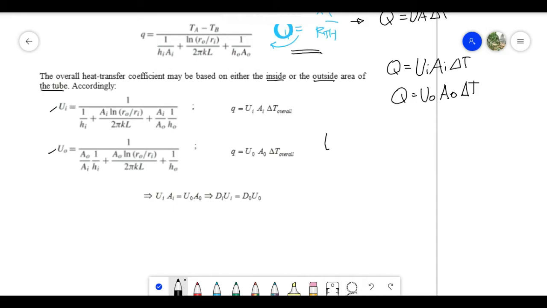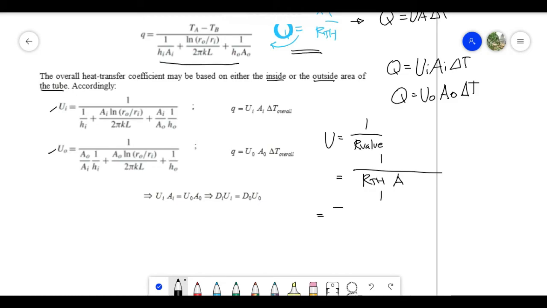Ang U natin is equals to 1 over R value. Wherein yung R value daw, ulit, ano yun? R thermal or total resistance times area. Ano yung total resistance natin pagdating sa ganitong scenario ng cylinders? Ito po. Okay, rewrite lang natin.